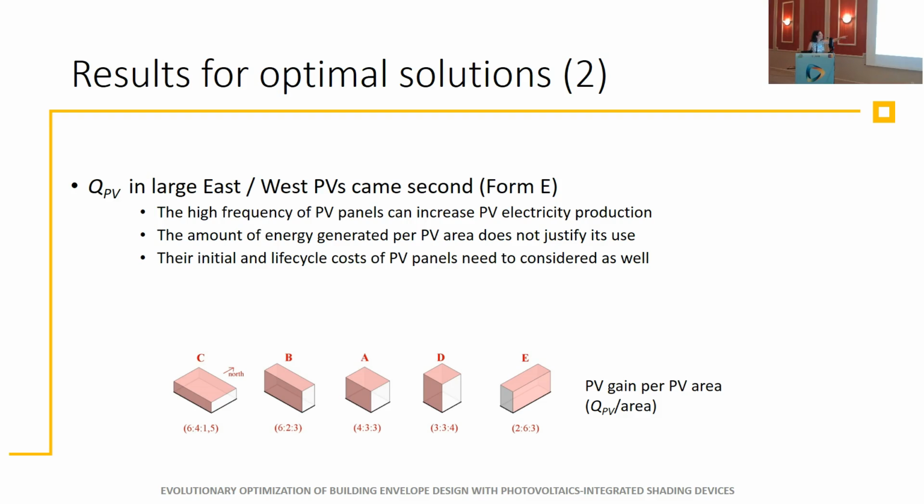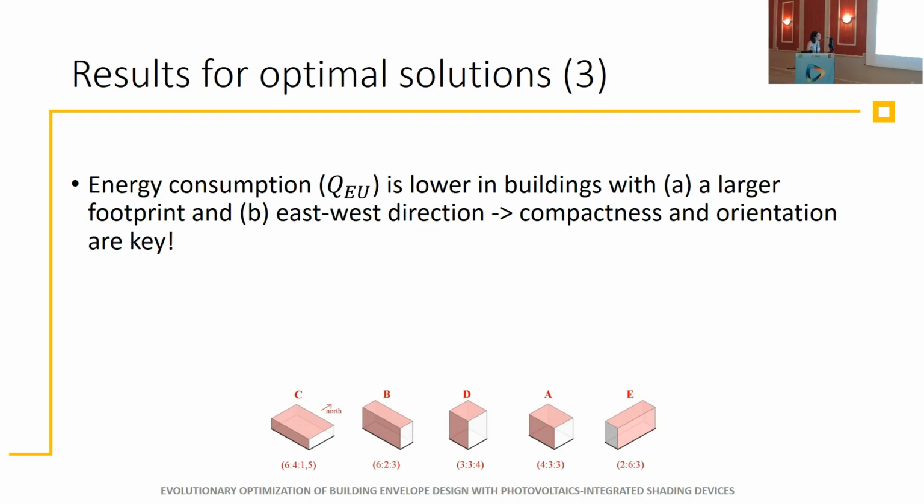So E might produce much electricity, but when this is reflected on the number of photovoltaic panels, this really is not the case. And energy consumption is lower in buildings with either a large footprint or which have an east-west direction. So form compactness and orientation are key.